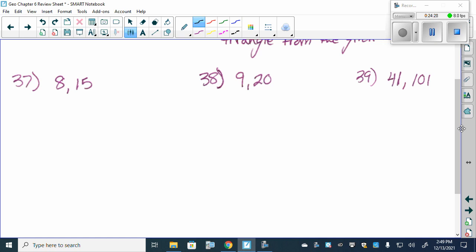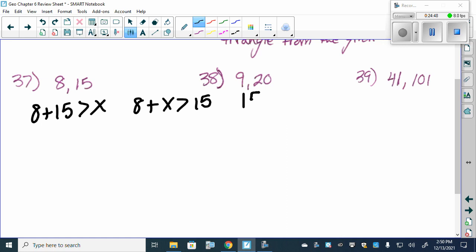So if we want to find the third length, well, we know that 8 plus 15 is going to be greater than whatever that third side length is. We can also have that 8 plus x is greater than 15. And we can also have that 15 plus x is greater than 8.